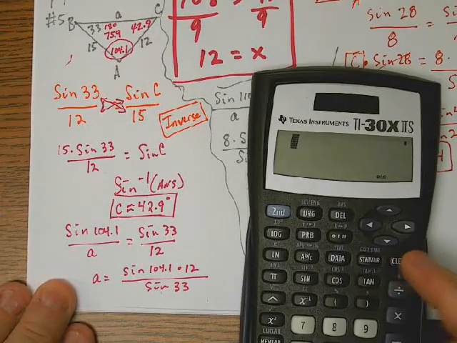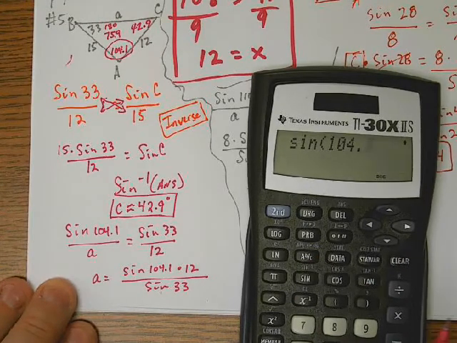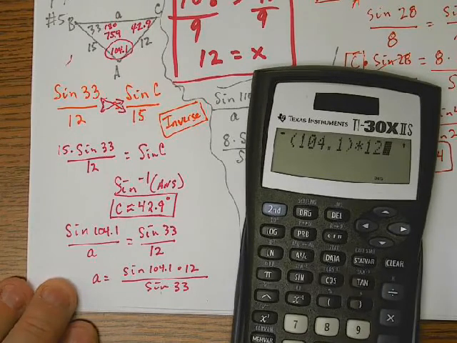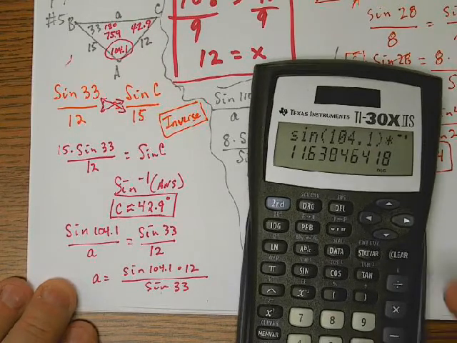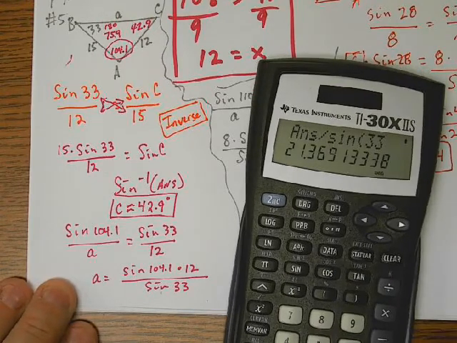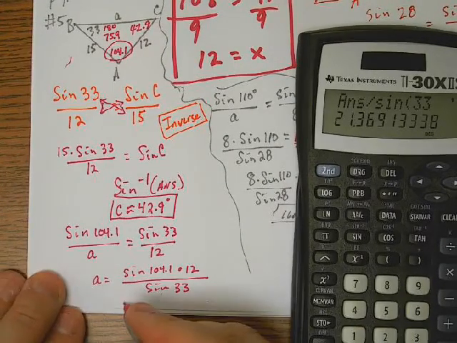Clear, clear, clear. Sine of 104.1 times 12 divided by the sine of 33. What is that, 21.4? Yeah. So A is approximately equal to 21.